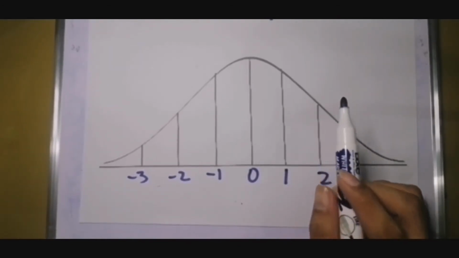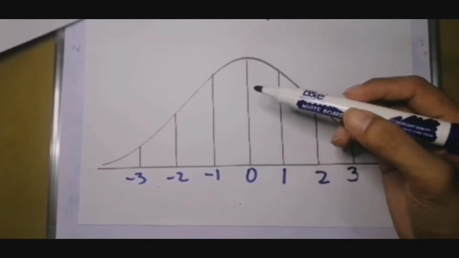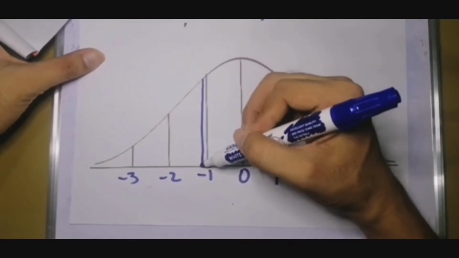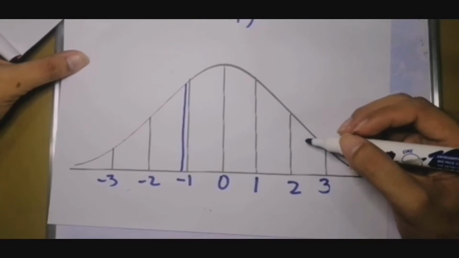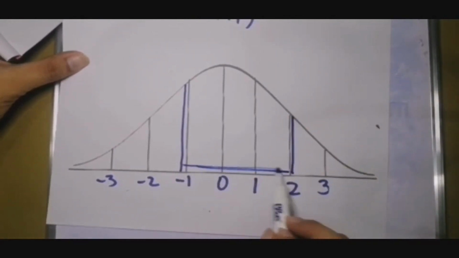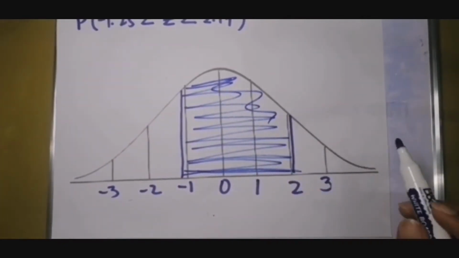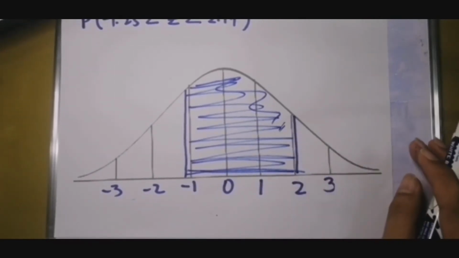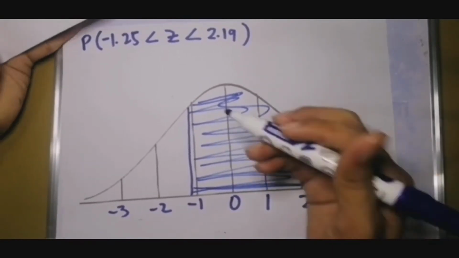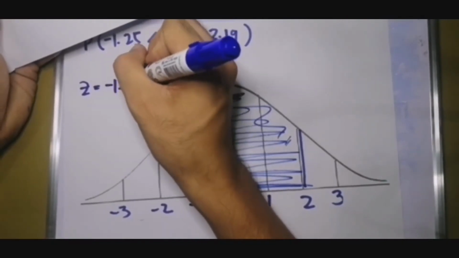Now, asa man na dapit ng negative 1.25 ug 2.19. So naana din hidapit negative 1.25 pasubraan tahin na to gamay unya 2.19 na po diri pasubraan na to gamay. So kana si Ja nga part may atong kuanon unsa may area ana ni Ja nga kani nga part, kana shaded nga part.